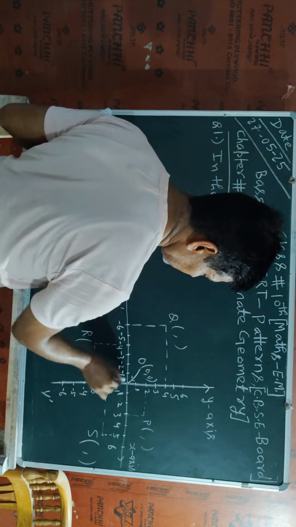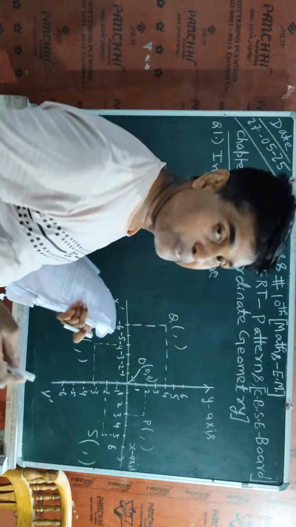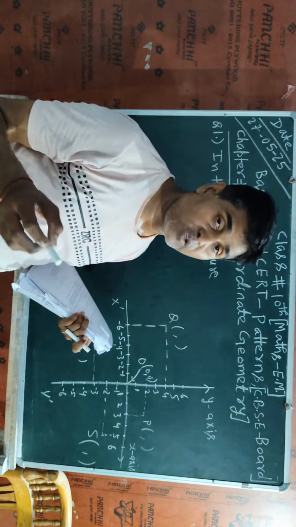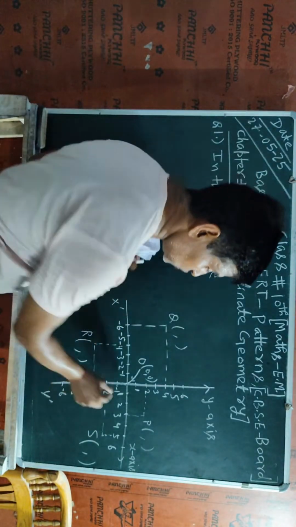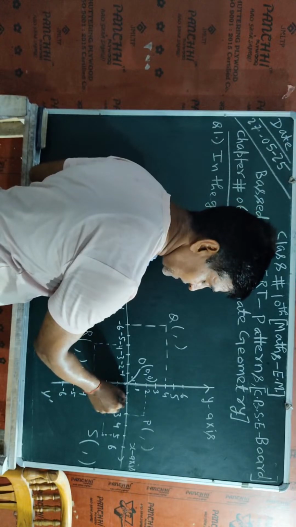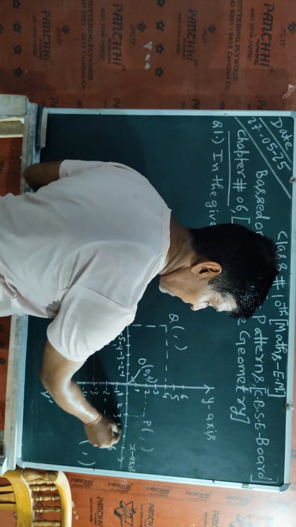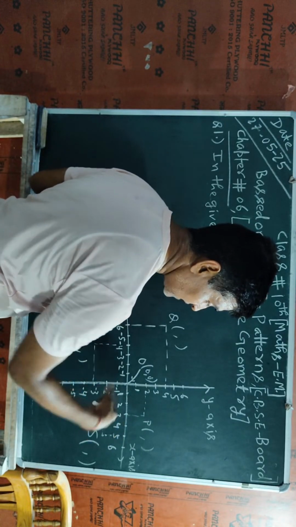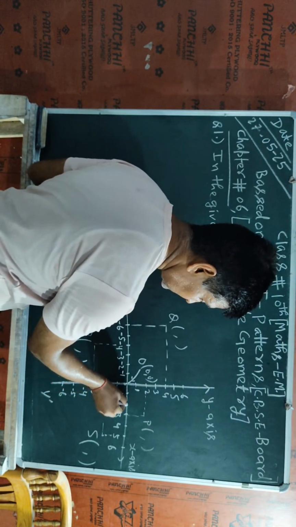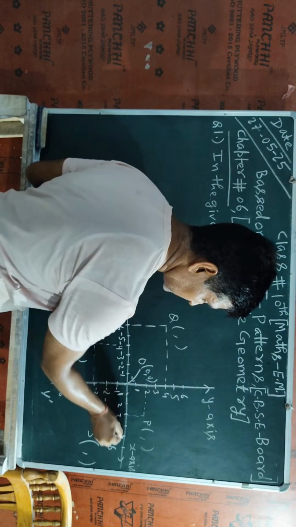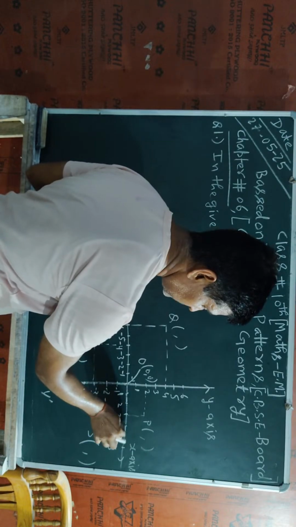Now on a scale, you see any two consecutive numbers, there are 10 parts, and for any other two consecutive numbers, again there are 10 parts. It means the distance between two consecutive numbers will be the same. Okay student, this is the information we have to obey.